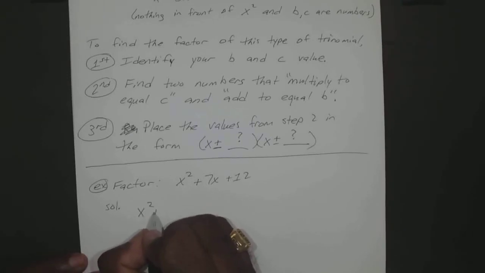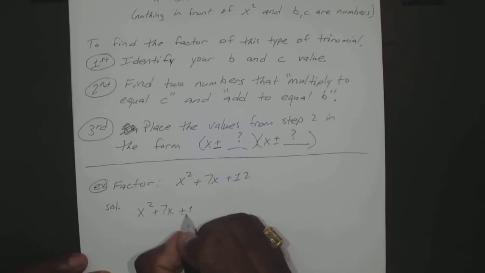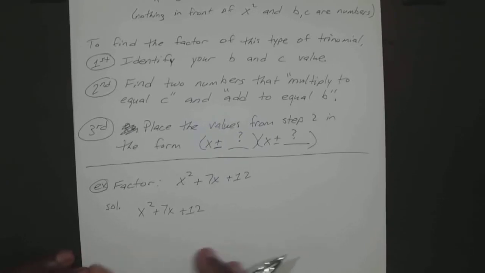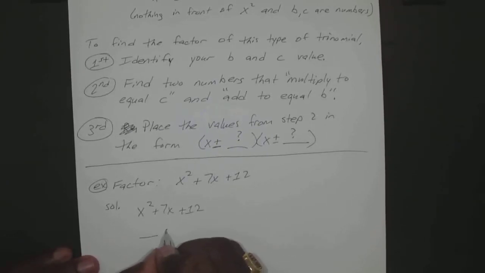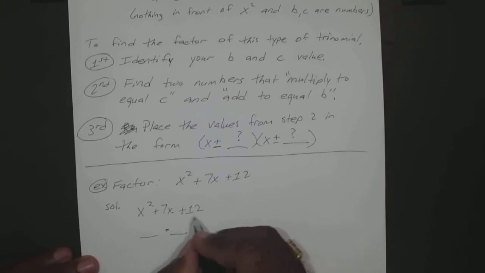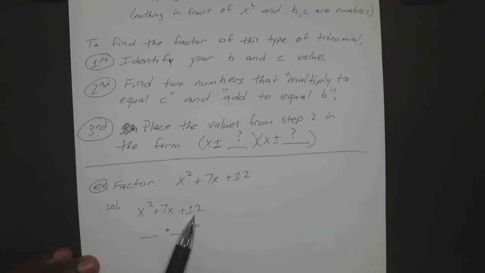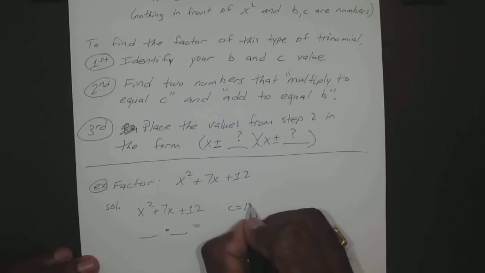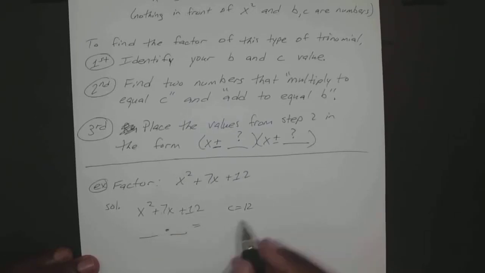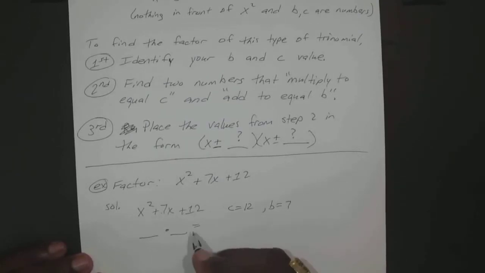So x squared plus 7x plus 12, and right underneath it, I write: you want to find two numbers that multiply to equal your C, which in this case is 12, and add to equal your B, which is 7.